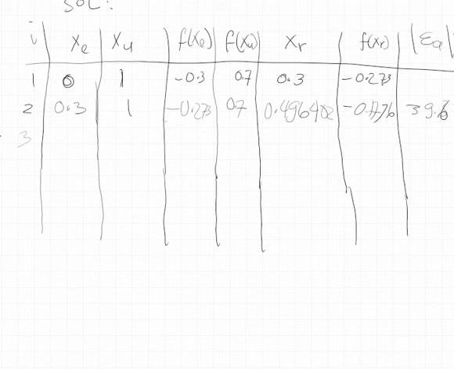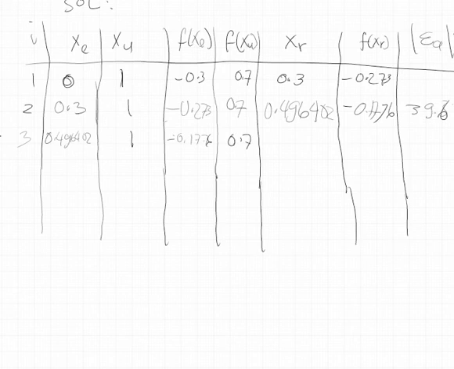Next, third iteration. So f of xr is negative, so you multiply it with f of xl, it's positive. So again, we change xl to our new xr, which is 0.496402. And we retain this one. So f of xl now will be negative 0.1776. Then this one is still the same, 0.7.